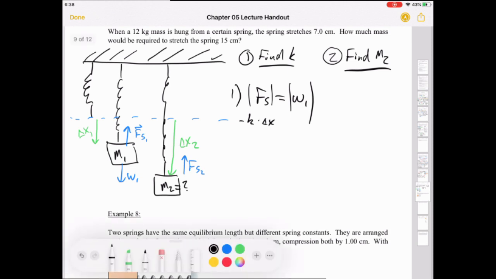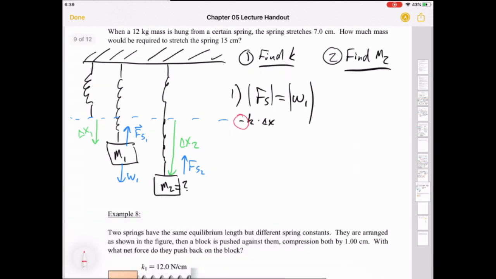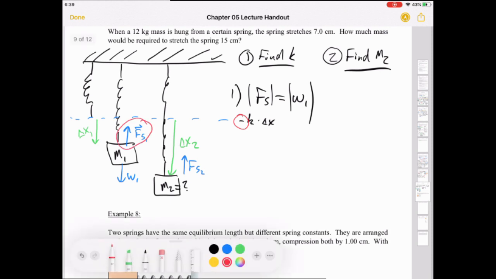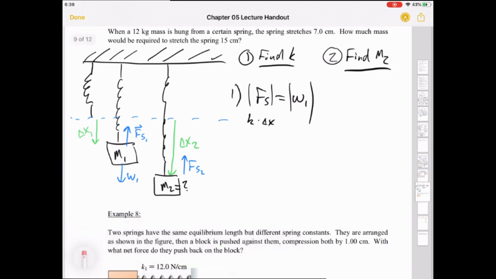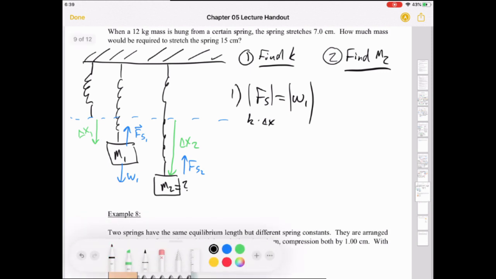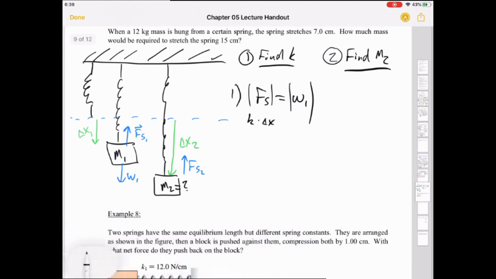So I often do not include this negative sign in the math. I know that the negative sign means the spring force is the opposite direction of the displacement, and I've already taken that into account by drawing this arrow up. So I usually don't even worry about the negative sign, and I just know that I'm using magnitudes.